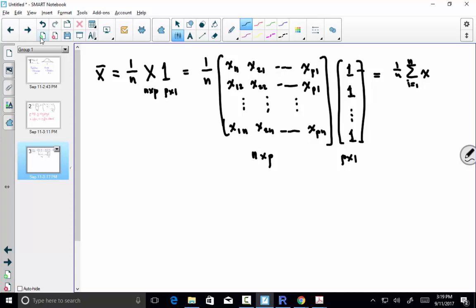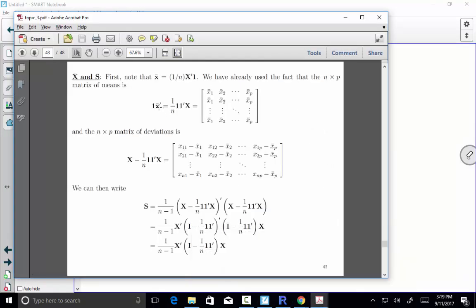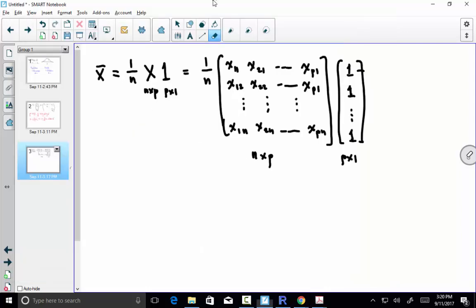I actually want to go slightly different here. I need to revise this. So before I revise this, let's go look at the notes to make sure I get it right. I need to transpose. So x bar, the sample mean vector, is like I wrote, but instead of the way I had it, I need to transpose x. What I want to do is add up all the observations for variable 1, and then separately add up for variable 2, and so on. So let me revise this.